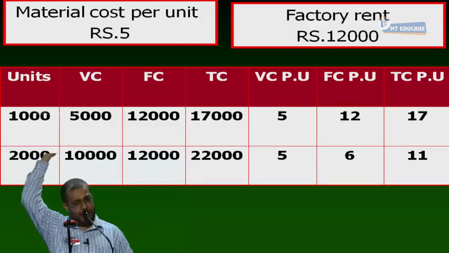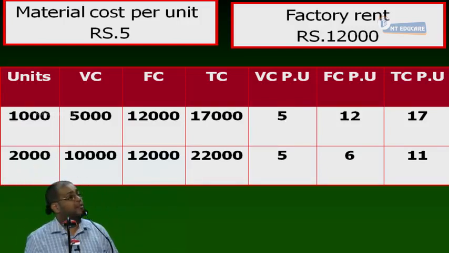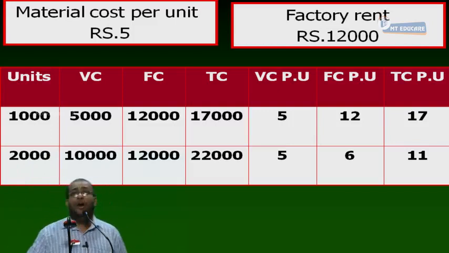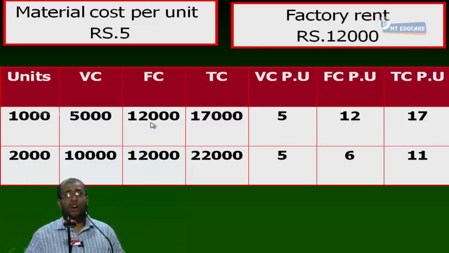They are constant per unit but vary in total. These are the features of a variable cost. Accepted or not? Now, fixed cost remains constant in total. Whether it's 1,000 or 2,000 units, it is 12,000. But the per unit fixed cost changes. Right or not?